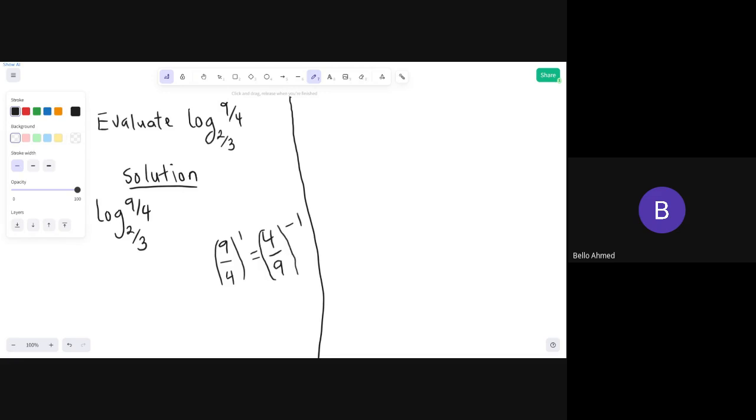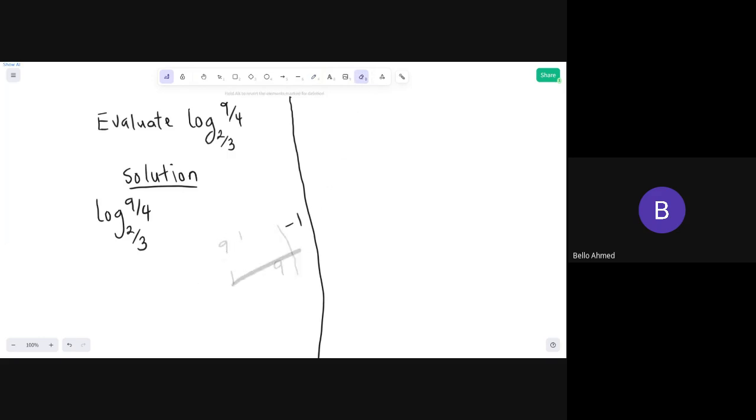I put minus because I turned the fraction upside down. Also, remember that if you are given 4 over 9 raised to the power of minus 1, you will use the minus to turn the 4 over 9 to 9 over 4. Because we need 4 over 9, that's why we put minus and turn it upside down, because that is what we need at the moment. You understand?